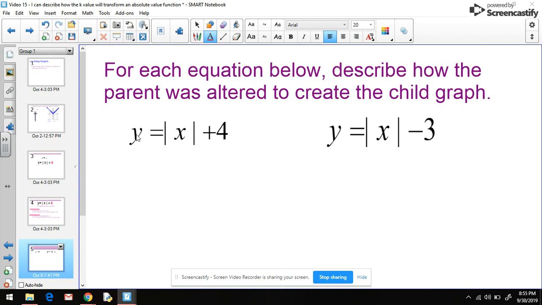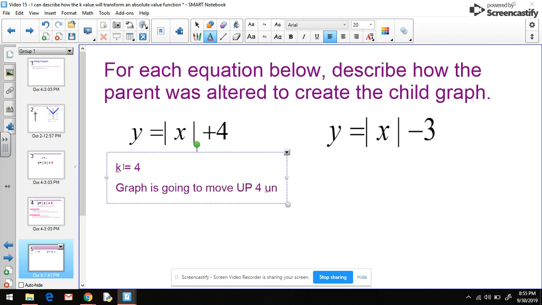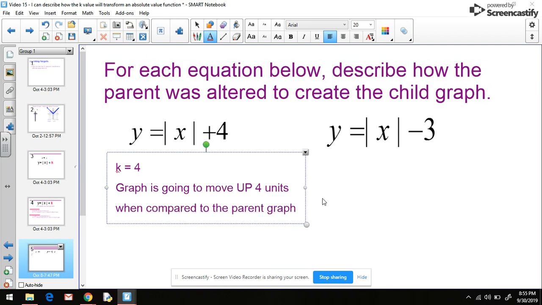So here we see y equals absolute value of x plus 4. And what I notice about this is I notice k is equal to 4. I know k is a vertical shift, so I know that the graph is going to move up 4 units when compared to the parent graph, because k is a positive value.